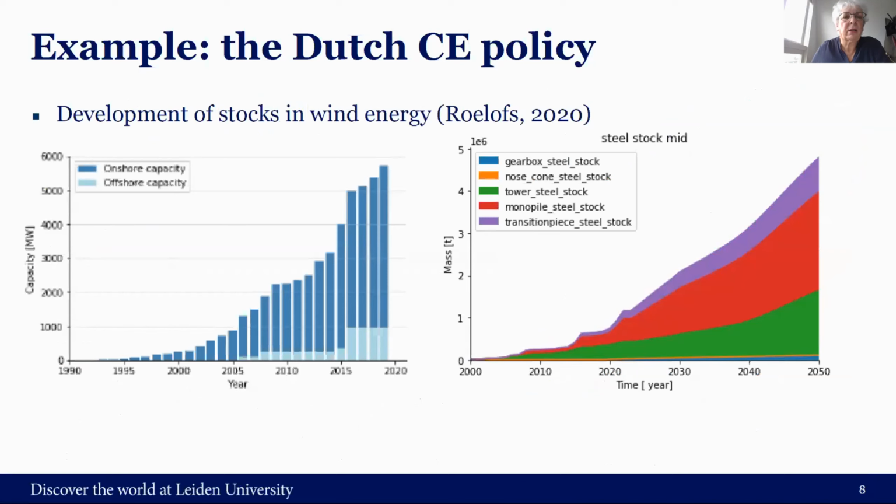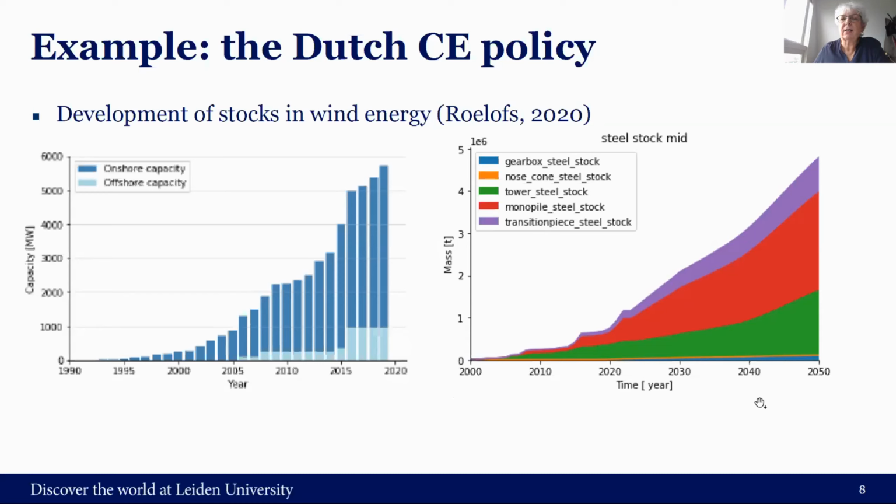This is another picture to show that we also use students for this type of research. They find it very interesting to actually contribute to a real life project. Bas Roelofs investigated wind power, so a past time series of the capacity in megawatts of installed power in windmills, onshore and offshore.